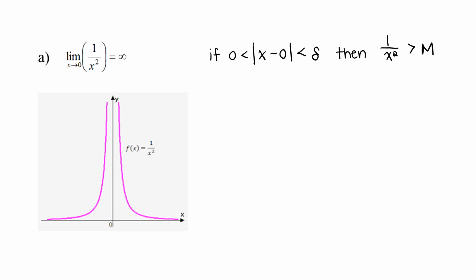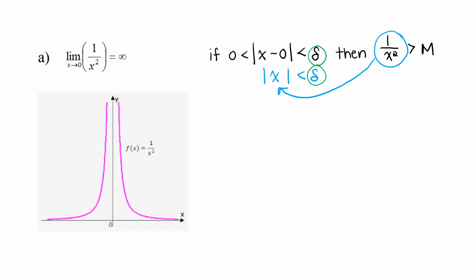And we need to find a value for delta. So let's simplify this. This is the absolute value of x is less than delta. So we're trying to transform this 1 over x squared into just an x in order to figure out what we're less than on the other side.